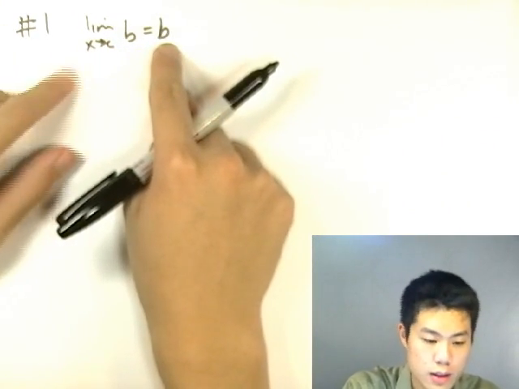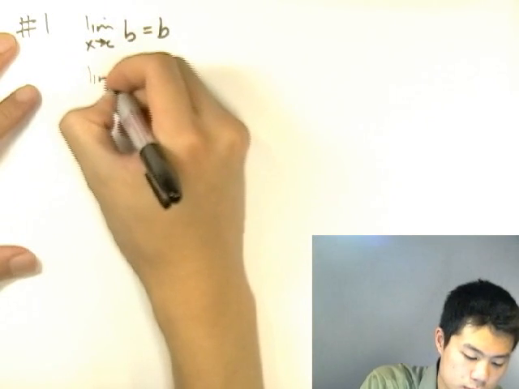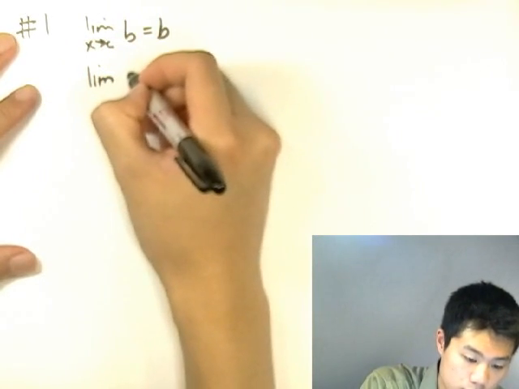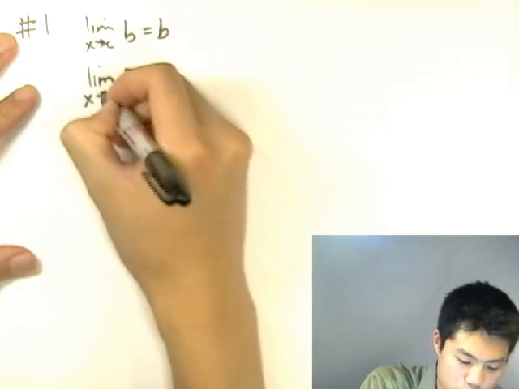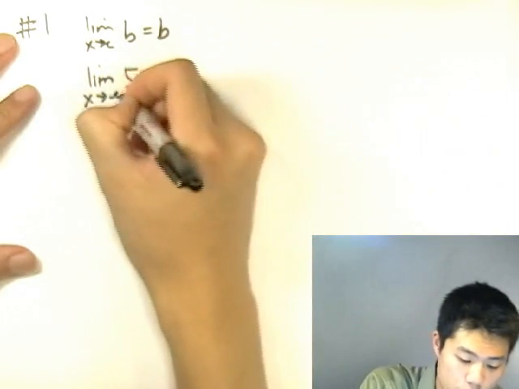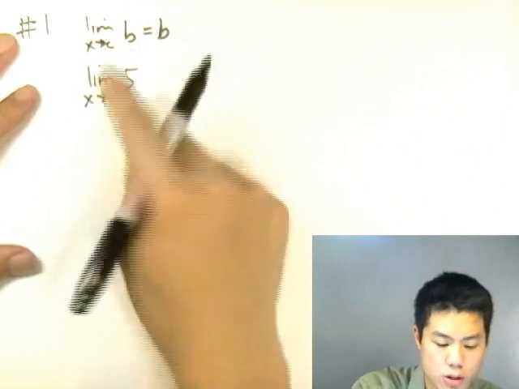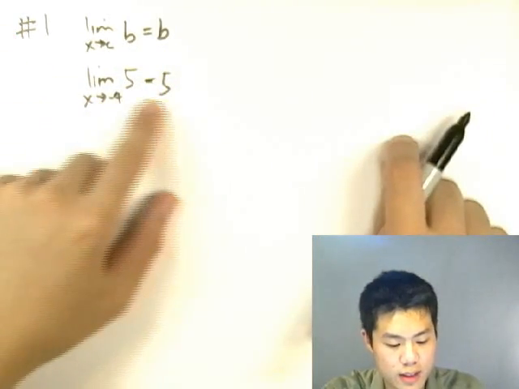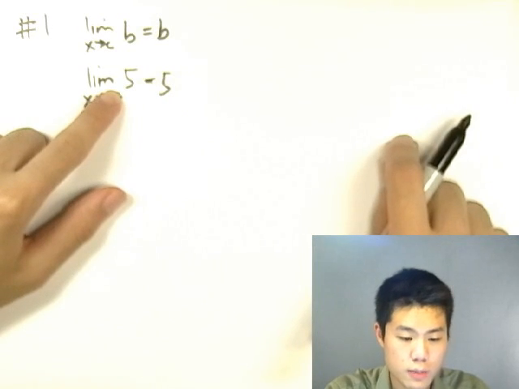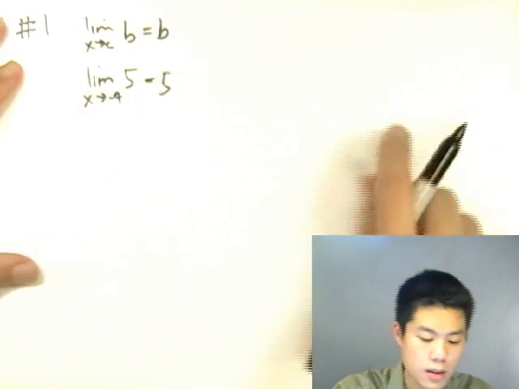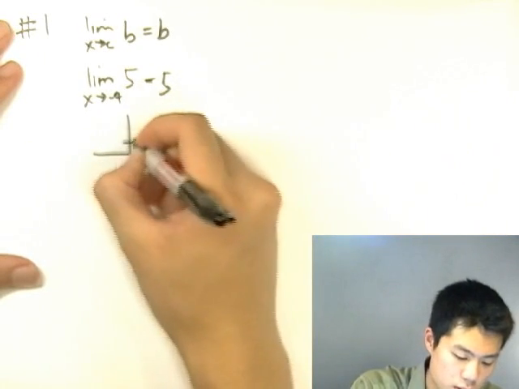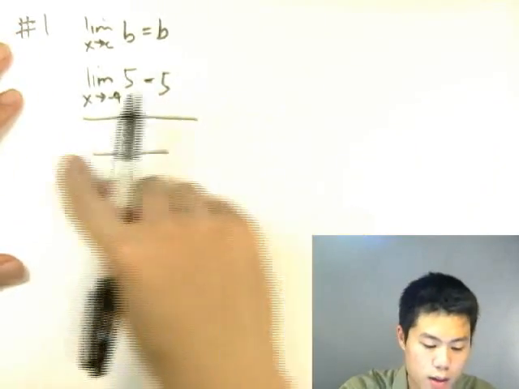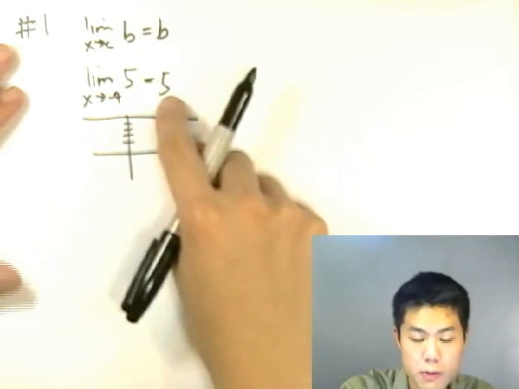For example, the limit of 5 as x approaches any number, say -4, is going to equal 5. It's kind of obvious, it doesn't change. This function looks like a straight line, so no matter where we go, it's still going to be 5.